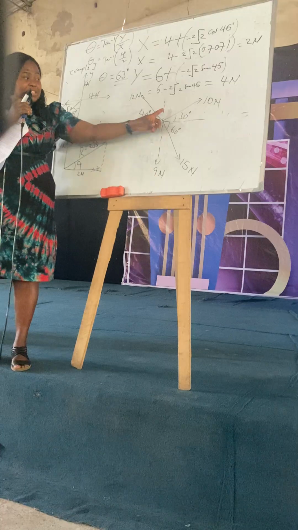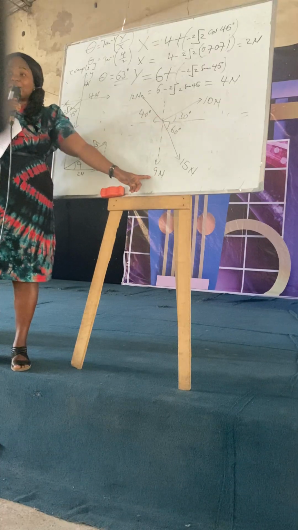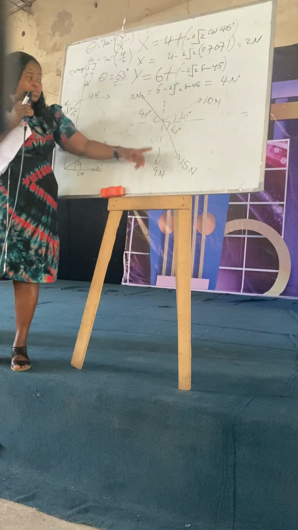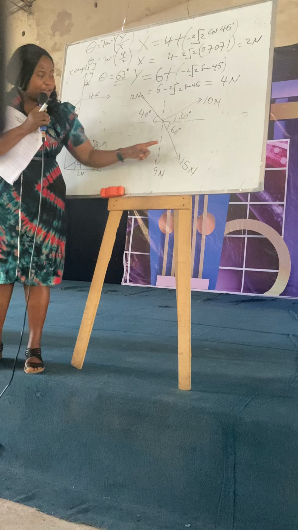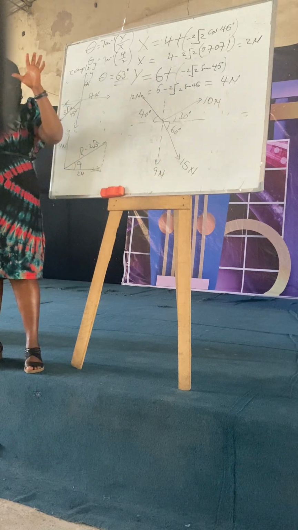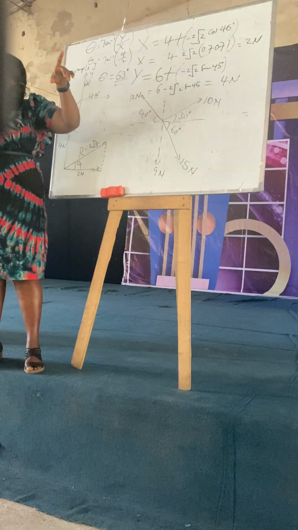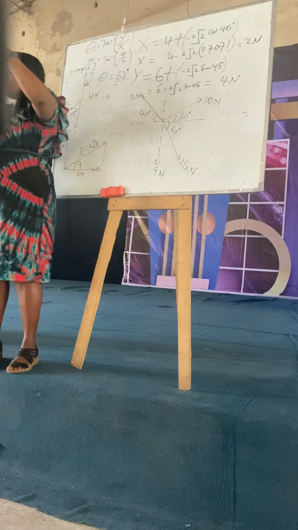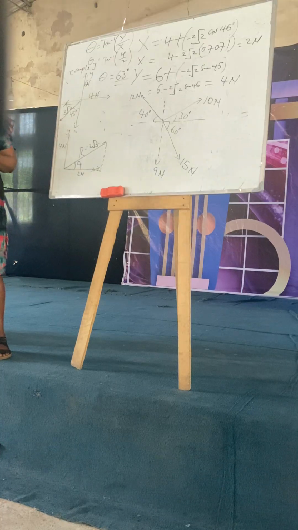This one is 9, this line is the negative aspect of y. You have 9 Newton. You have about 4 vectors inclined at a place, so you have to resolve them into horizontal and vertical, so you only have 2 vectors that are perpendicular to each other before you start solving.